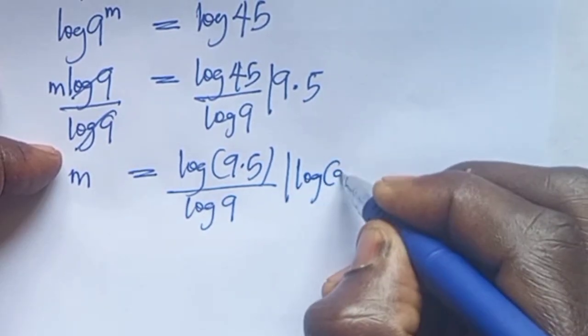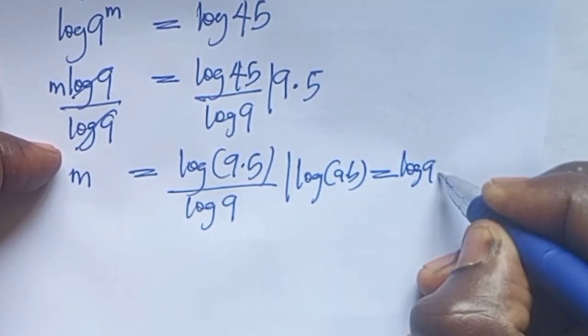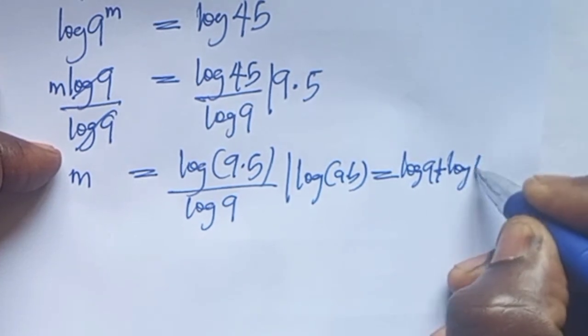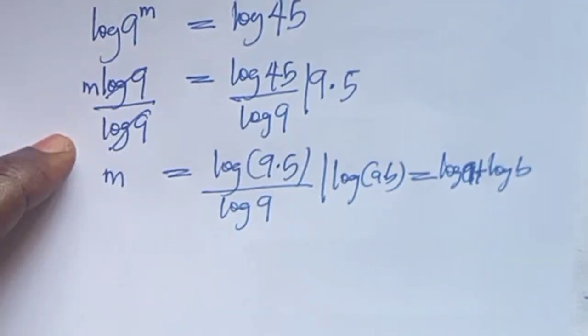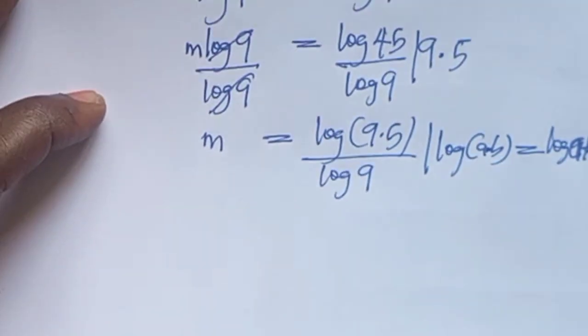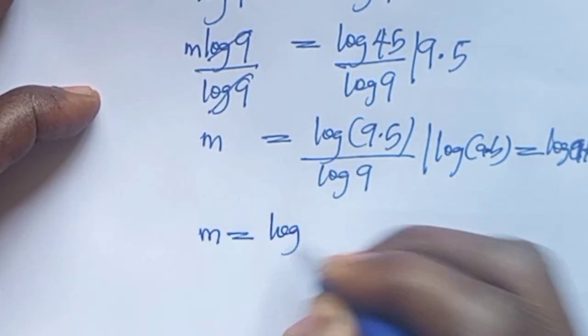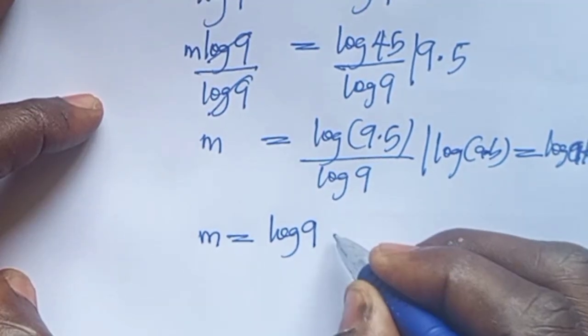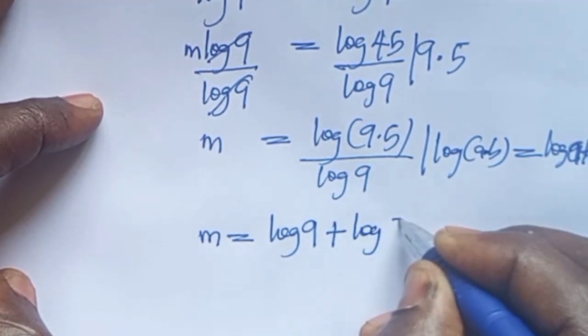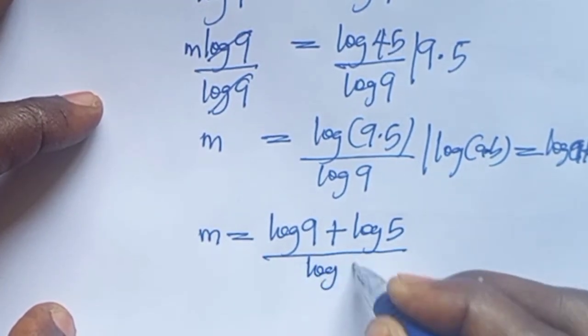But log of a times b is represented as log a plus log b. We're going to apply this here, so that the next line becomes m equals to log 9 plus log 5 all over log 9.